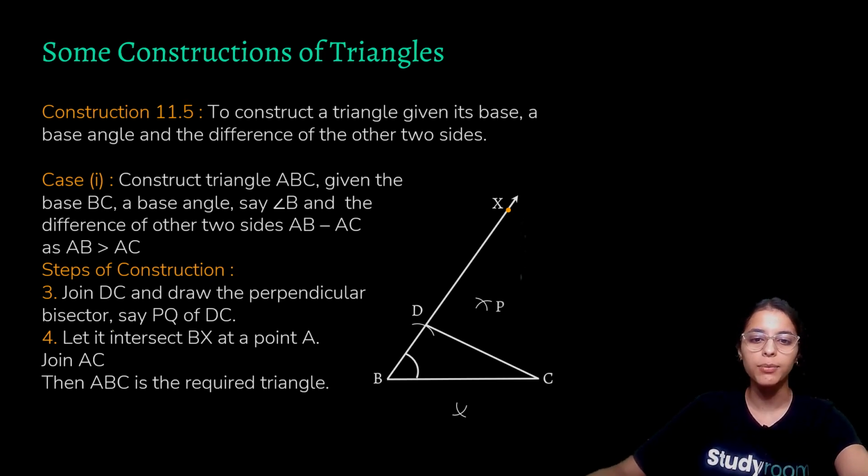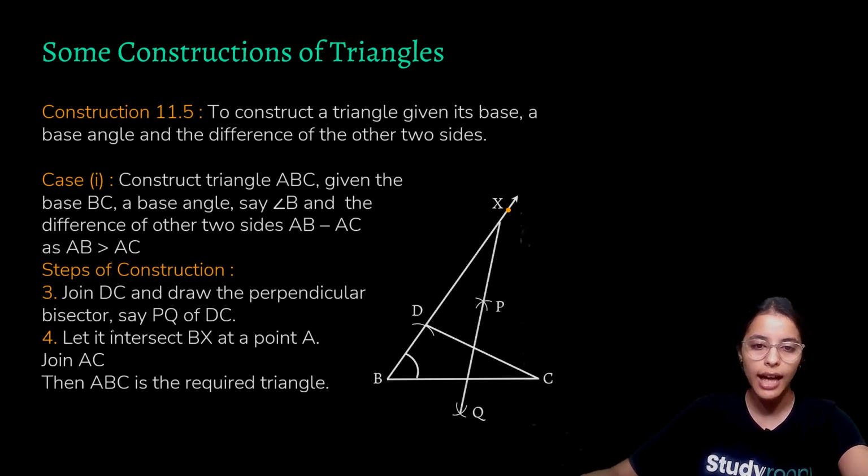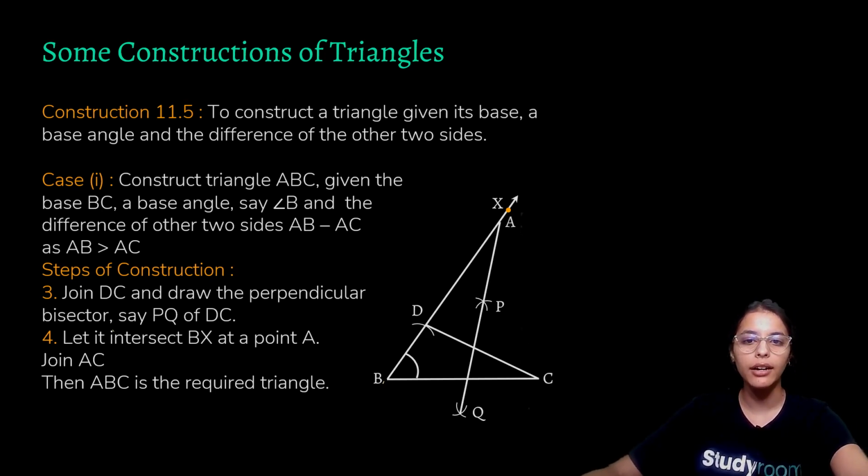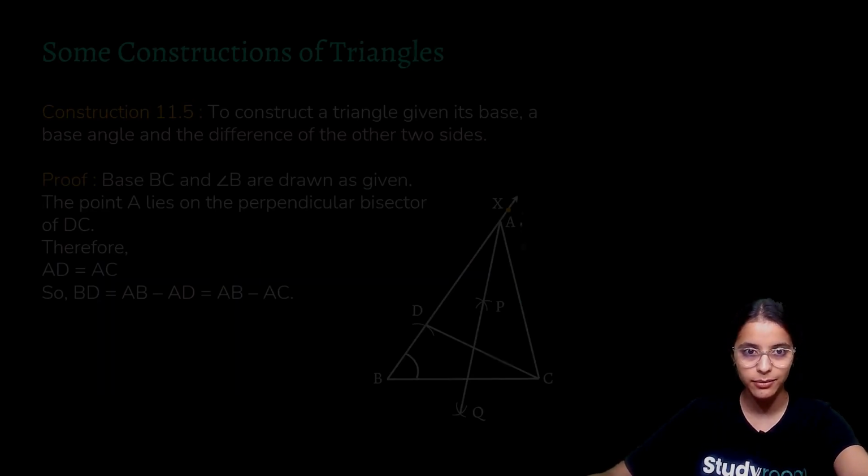Then we'll mark it as P and Q, and then we'll connect these two points and extend the line such that it intersects the ray BX. The point where they intersect would be called A, and that would be the vertex of the triangle ABC, and hence we just join A to C and we get triangle ABC.